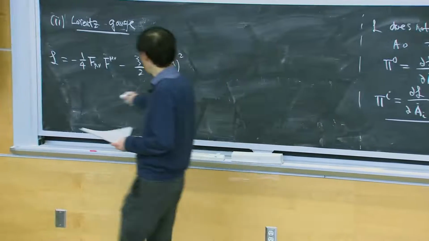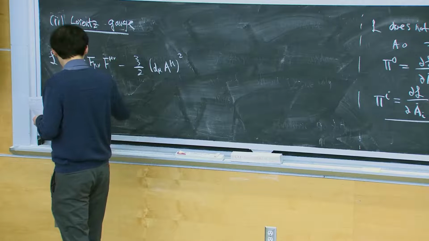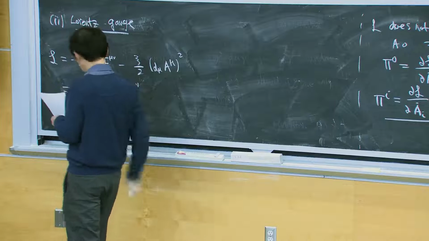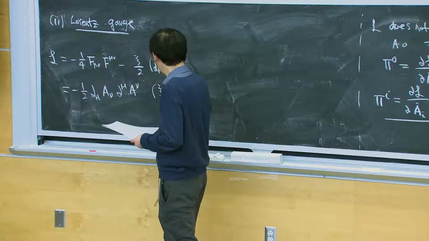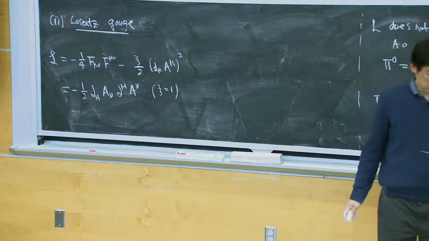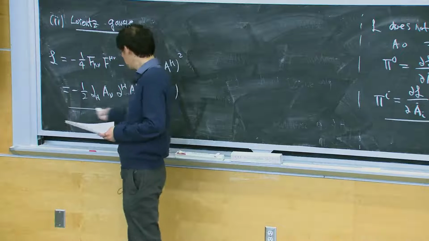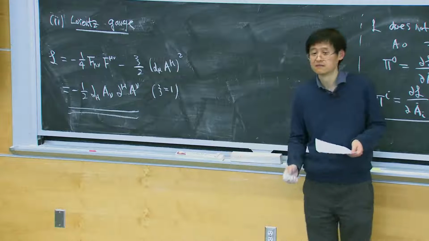And when psi equal to 1, this just becomes partial_mu A_nu partial^mu A^nu. So this is for psi equal to 1. This theory we know how to quantize. These are just 4 decoupled massless scalar fields.